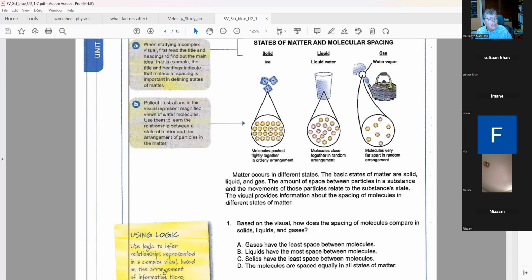So they're showing us here a solid, the molecules are packed together, which makes sense because if you have a solid, they don't spread out. All the molecules are within this space. So they're pretty well together. If you've got a liquid, they move around a little bit more.